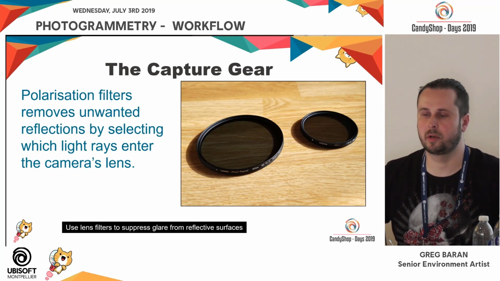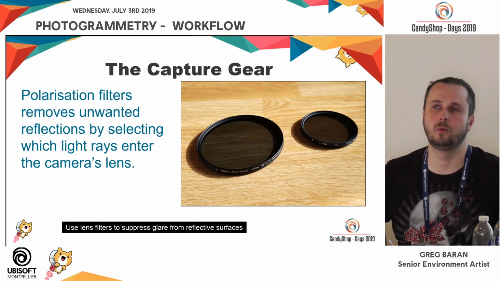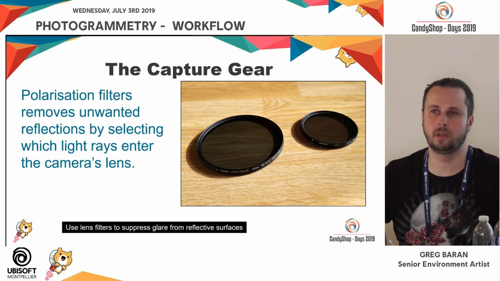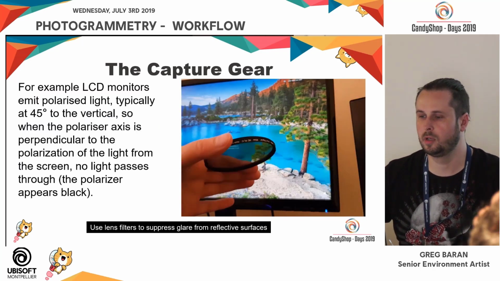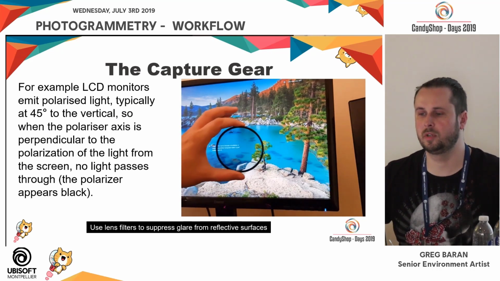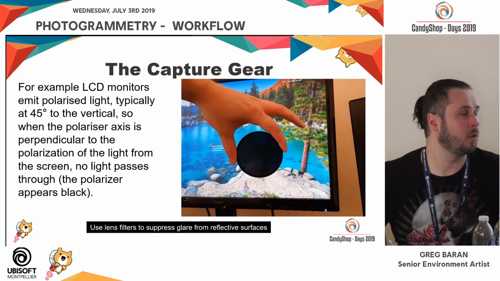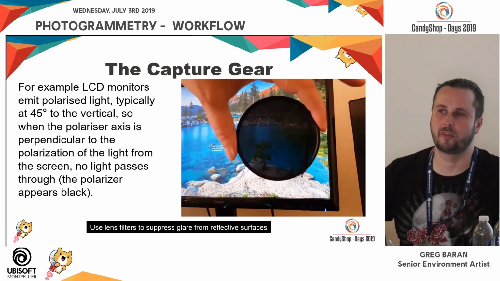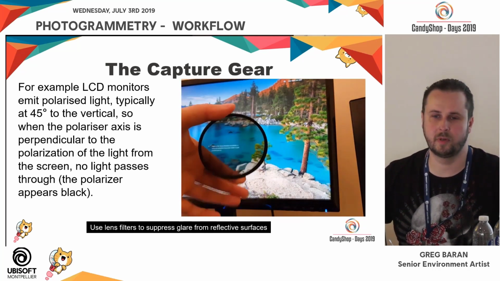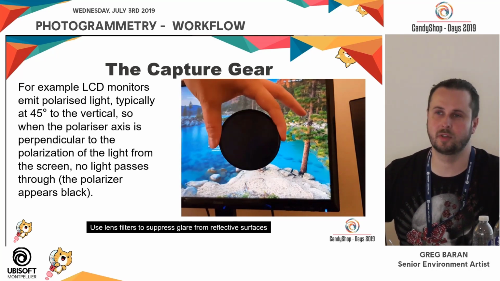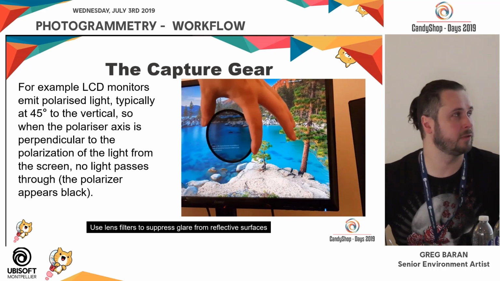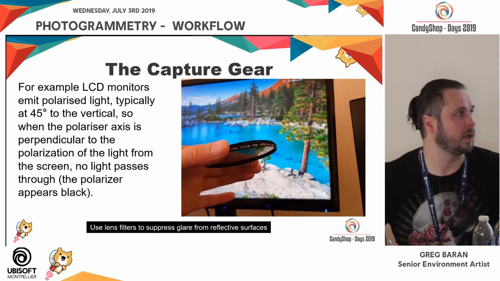Also, we can use polarization filters, which don't work alone. So they can be used only with cross-polarization, and this is how they work. Polarization filters really remove a certain type of reflections under certain angles. So for example, an LCD screen has a 45-degree light angle.